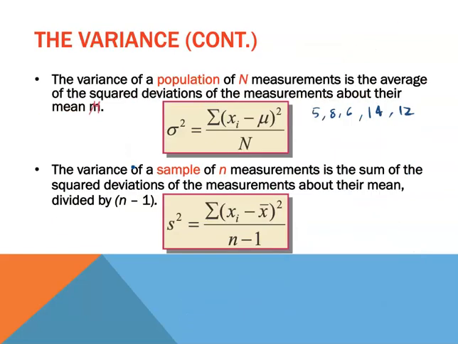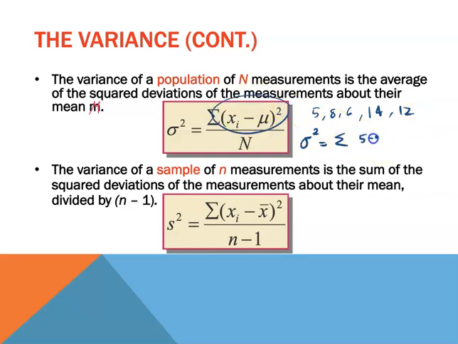Okay, let's go back to this one. So this one is the variance of the population is equal to the sum, which means that I have to add up all these guys together.